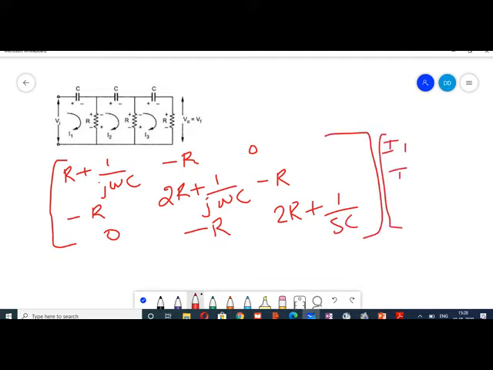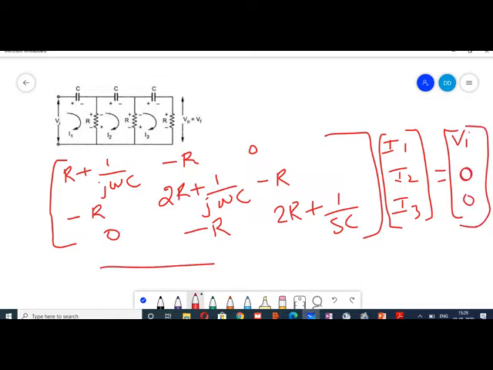This into I1, I2, I3 equal to Vi, 0, 0. So we have this as a matrix.